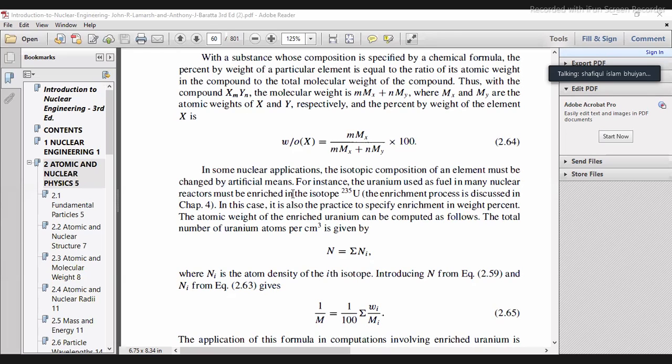We shall have to enrich the U-235 because U-235 is the fissile atom, so we have to take this into consideration. For a research reactor it's 20%, and for a power reactor, it's 3 to 5%.